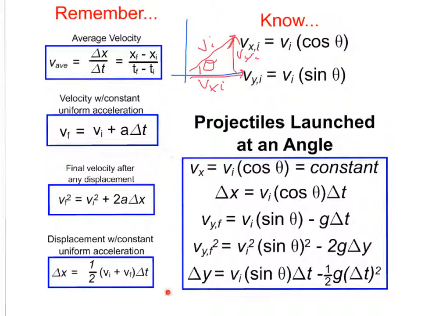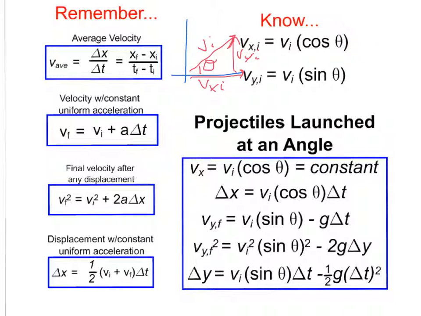I'm not going to go through this because the video gets awfully long when I do that. But these kinematic equations from last unit are directly how we end up determining each one of these equations over here. We are simply substituting components into them.